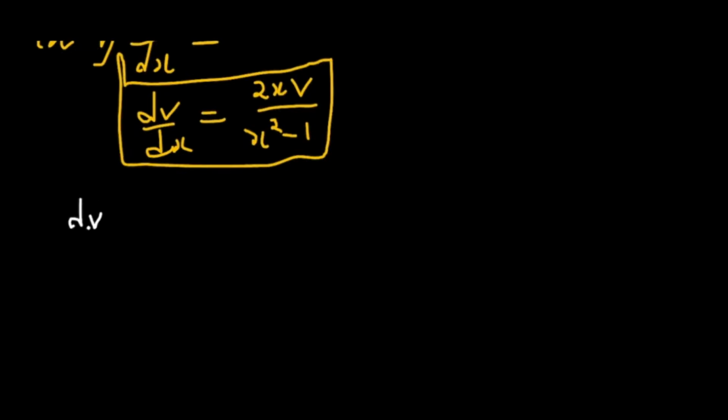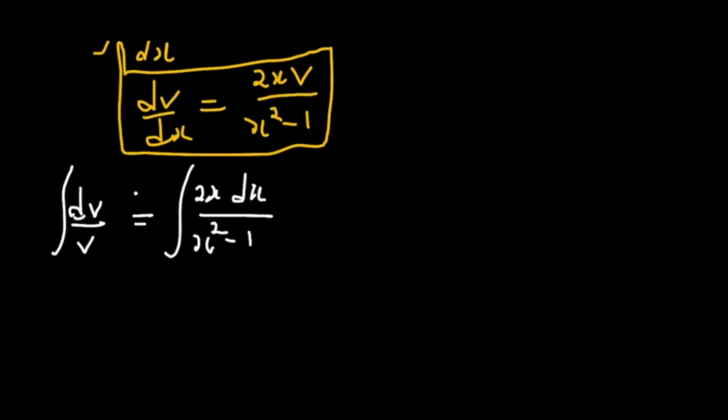to take dv all over v. So if this v comes down here, we'll be left with v, and if the x goes up there, we'll be left with 2x dx all over x squared minus 1. So if we take now our integral sign, what do we notice?